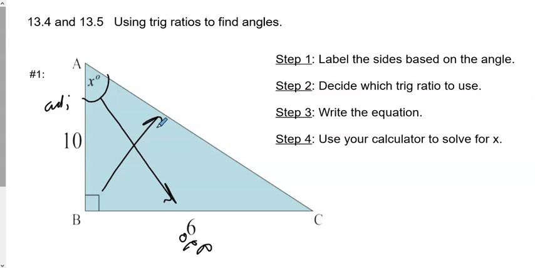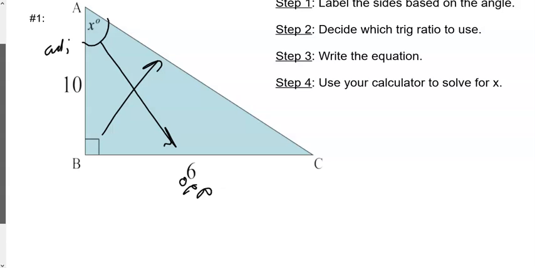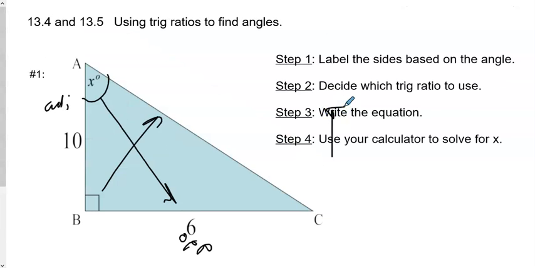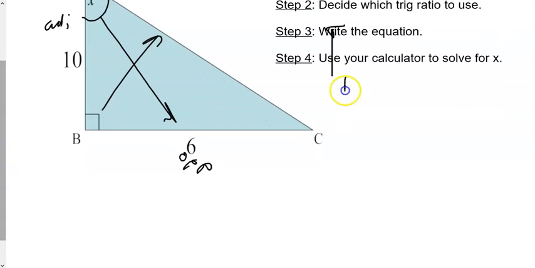That means we're doing tangent. Tangent of an unknown angle equals, remember we're doing TOA, opposite from our angle is 6, adjacent is 10, opposite over adjacent.